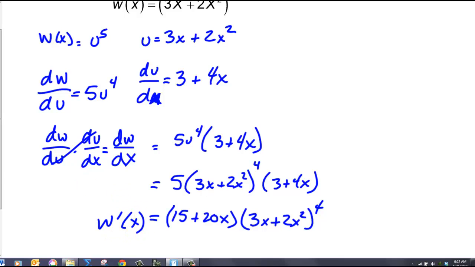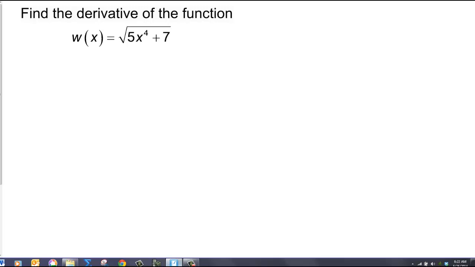Let's do some more. So in this case, I have another function within a function. 5x to the fourth plus 7 is within a square root function. I'll rewrite it to look like 5x to the fourth plus 7, all within the 1/2 power.